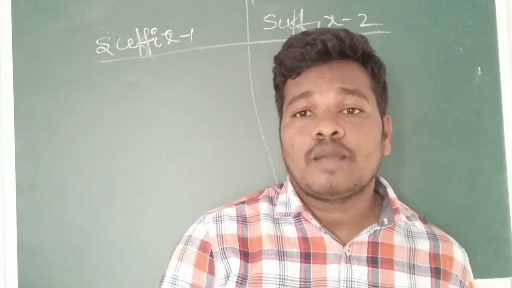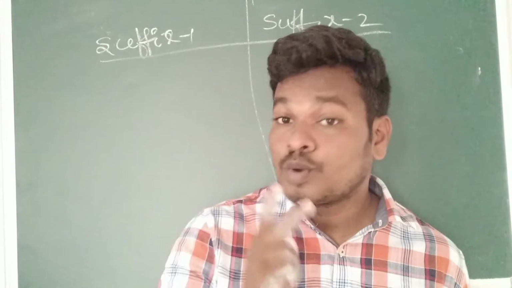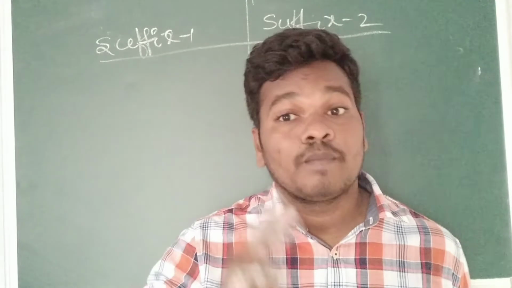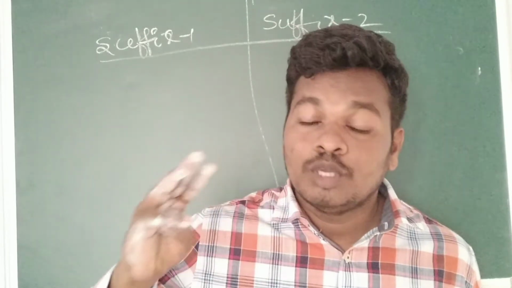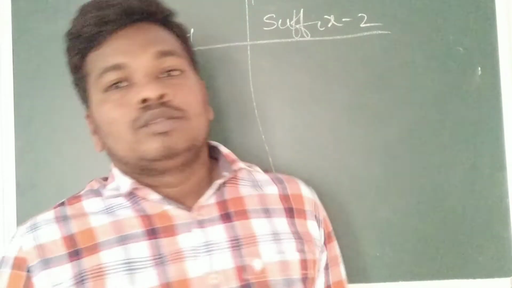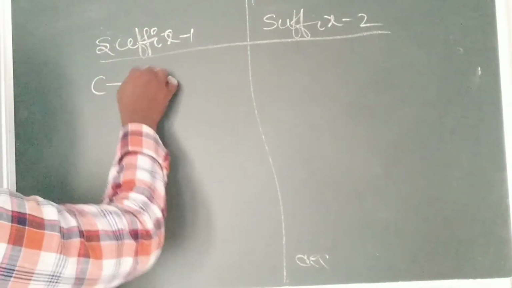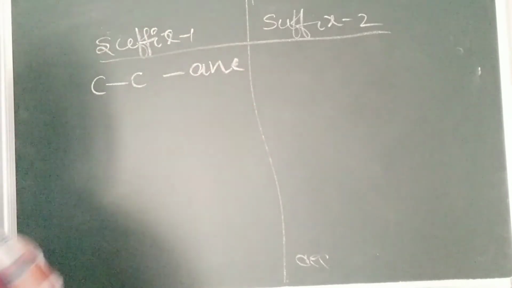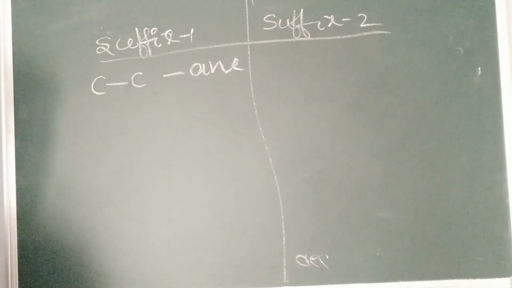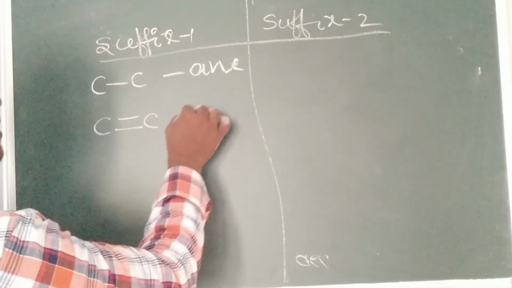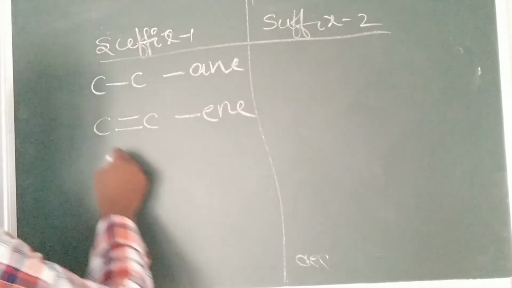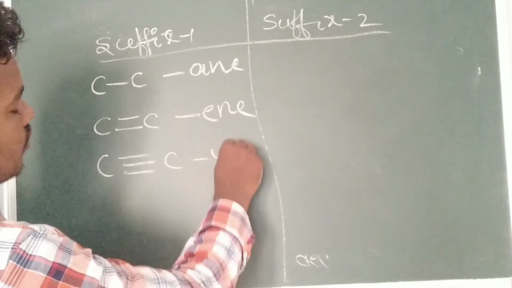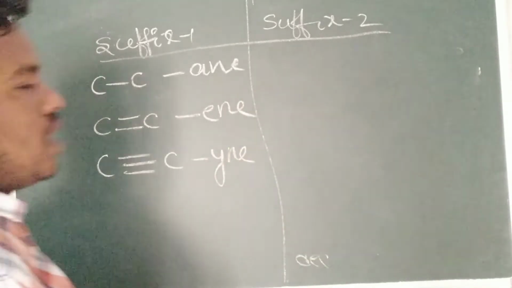If there is one bond between carbons, the name varies. If there are two bonds, we call another name. If there is a triple bond, we give another name. So for a carbon to carbon single bond, we add the suffix "-ane". For a carbon to carbon double bond, we add "-ene". For a carbon to carbon triple bond, we add "-yne".